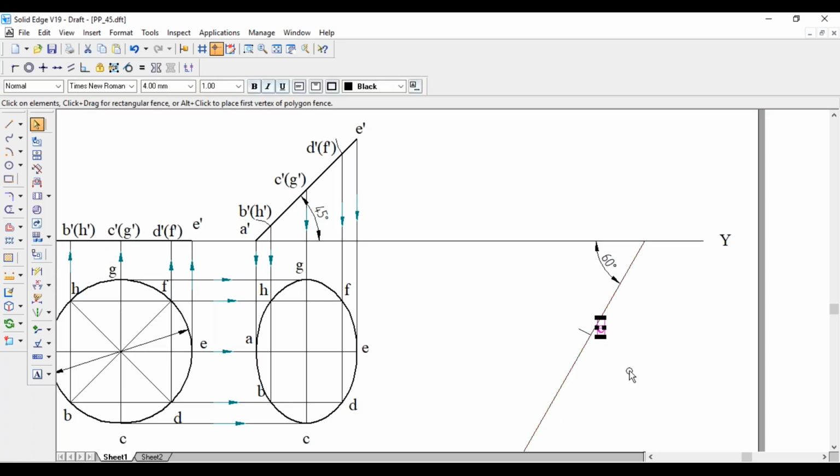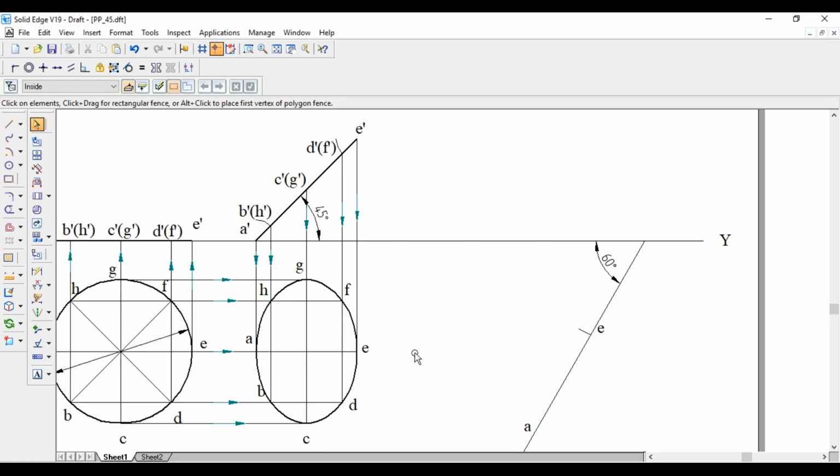The center will be A. Center will be E. And still we have to get another 6 points. To get these 6 points, we have to draw the boundary only. That is the line joining HB, line joining GC, line joining GD.